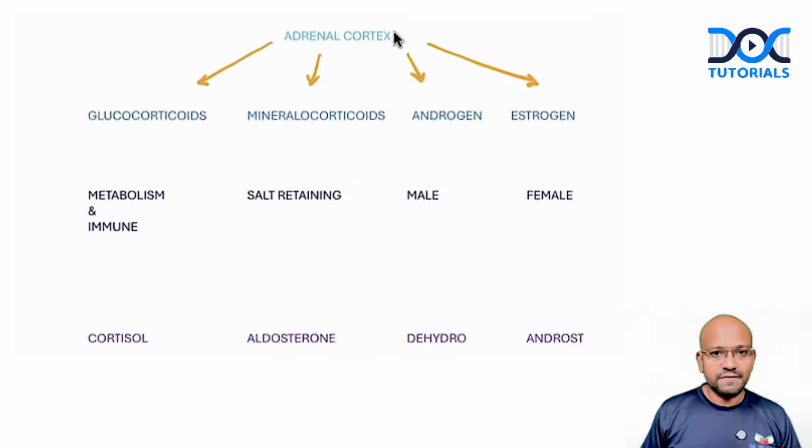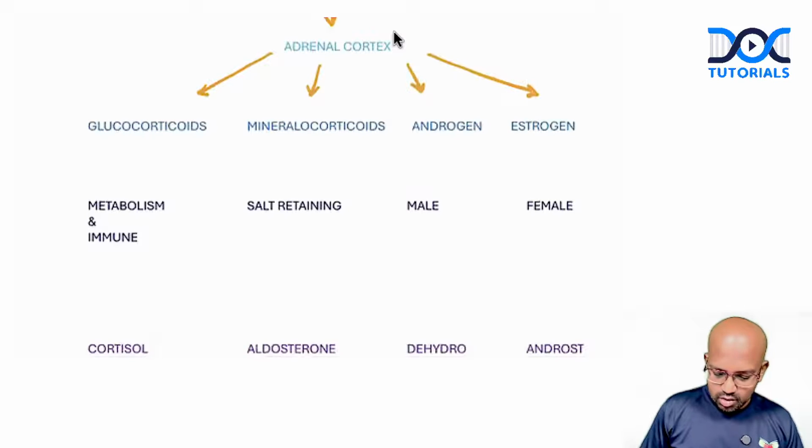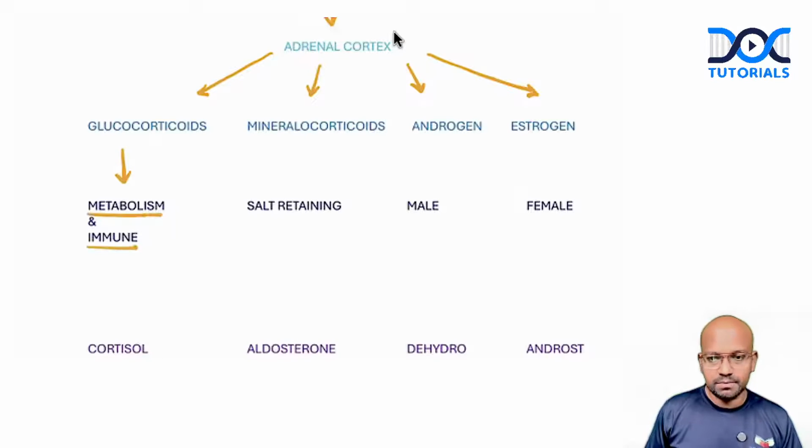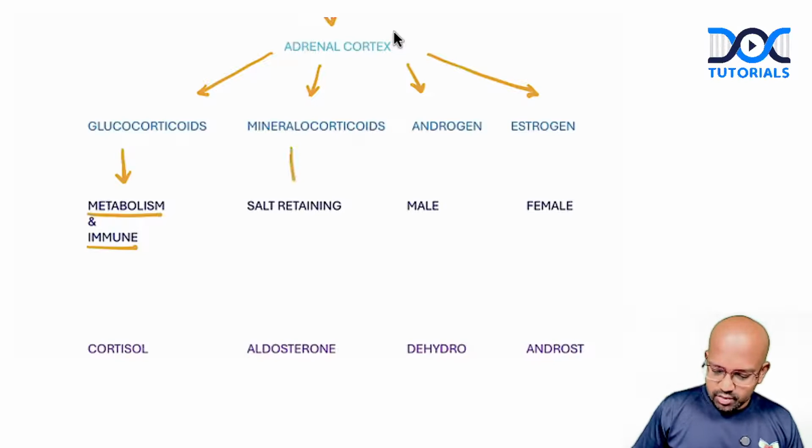What exactly is the function of these glucocorticoids? Glucocorticoids are primarily responsible for metabolism and immune system modulation, and they also get involved in inflammation, especially the anti-inflammatory properties. Mineralocorticoids are primarily for salt retaining mechanisms.